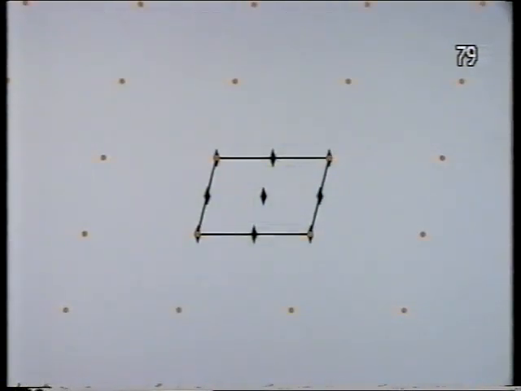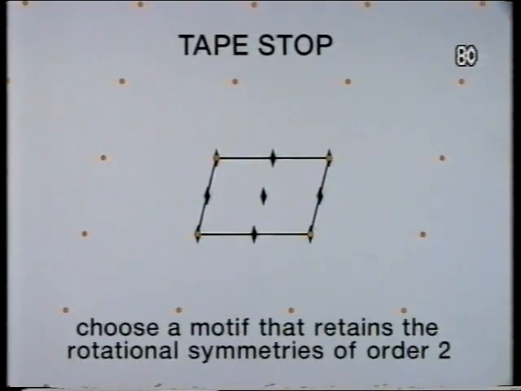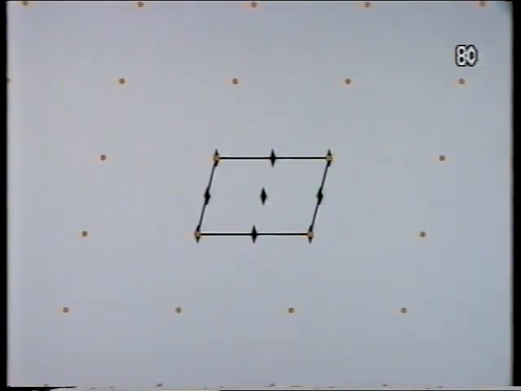Suppose we start with a simple parallelogram lattice. How can we be sure to retain the rotational symmetries of order 2? Think about it. The diagram is reproduced in your video notes. The answer is you have to make sure that whatever is put in the basic parallelogram has itself the desired rotational symmetry.